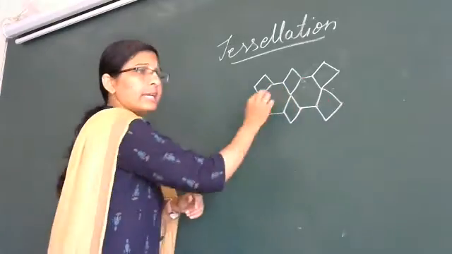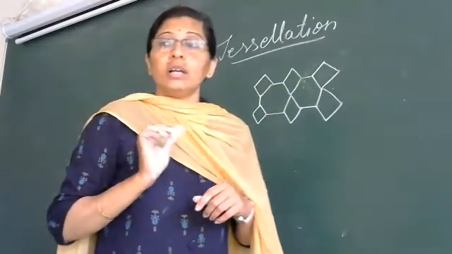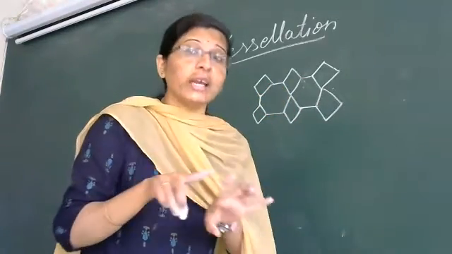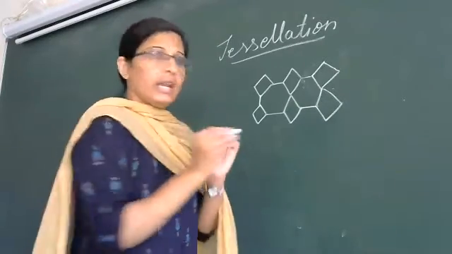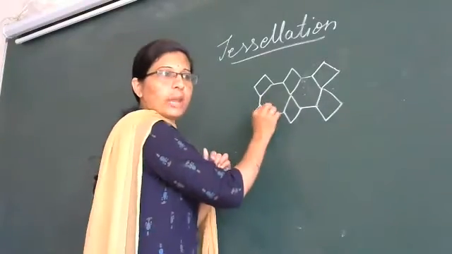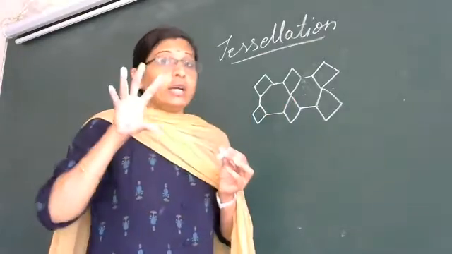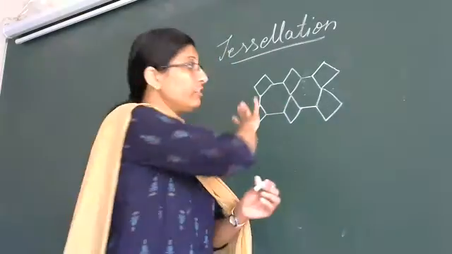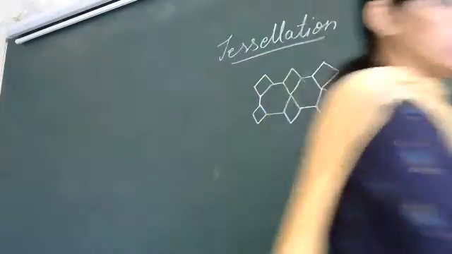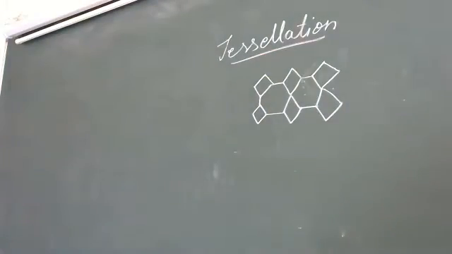In the middle also a hexagon is made, no? Only they have not colored that shape. There is one plain shape. So there is no gap in between them. So these figures are known as tessellation. What are these known as?